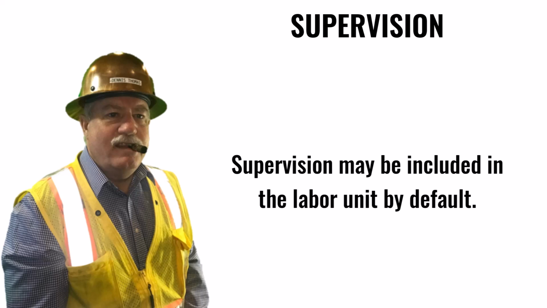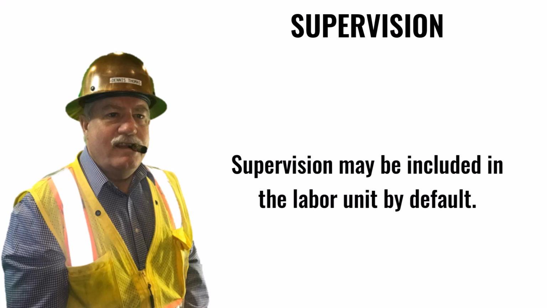I want to see the overhead calculation anyway because normally there are incentive bonuses on my projects, and I want to make sure they're not padding profit in there, which will make my challenge more difficult. I doubt that they will let you see these numbers. Ask anyway. If it's not in either of these categories, it will be included in the labor unit by default because supervision is not free and it has to be accounted for somewhere.